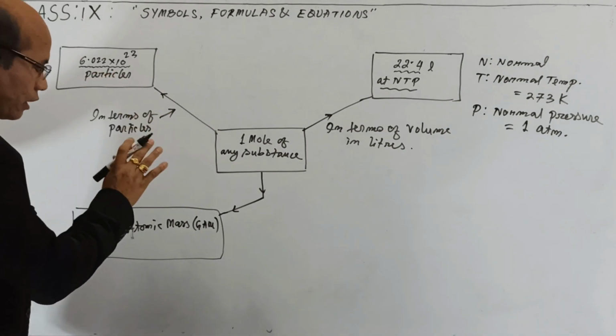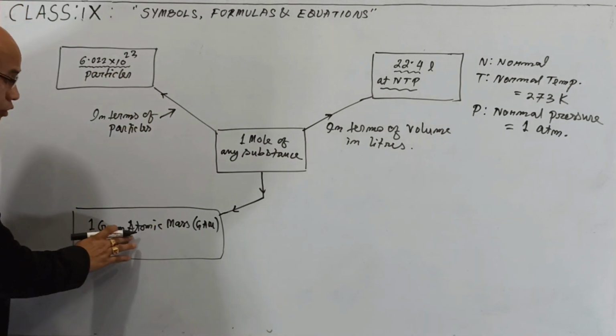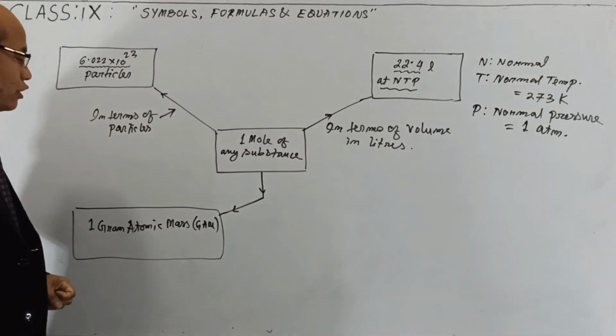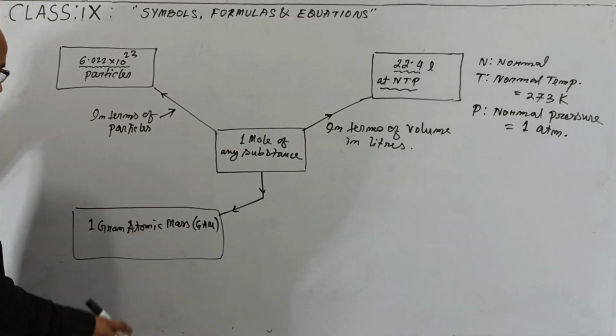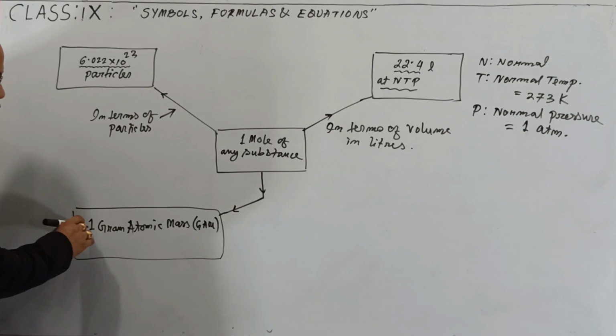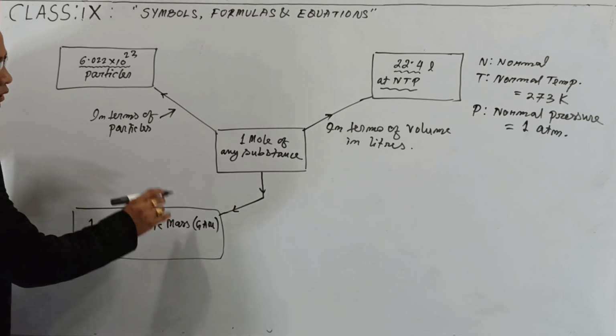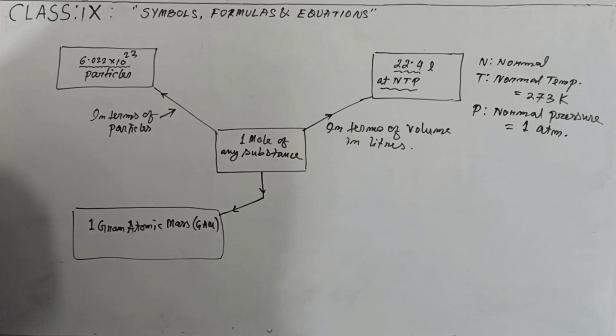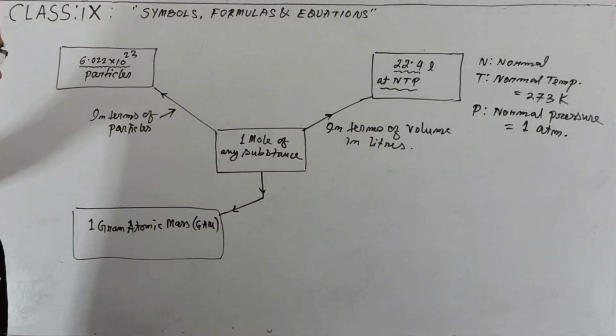If the given chemical substance is in atomic state, then 1 mole of that substance, when you change it into grams, is equal to 1 gram atomic mass. Gram atomic mass means 1 gram atomic mass, if it is in a state of atom.